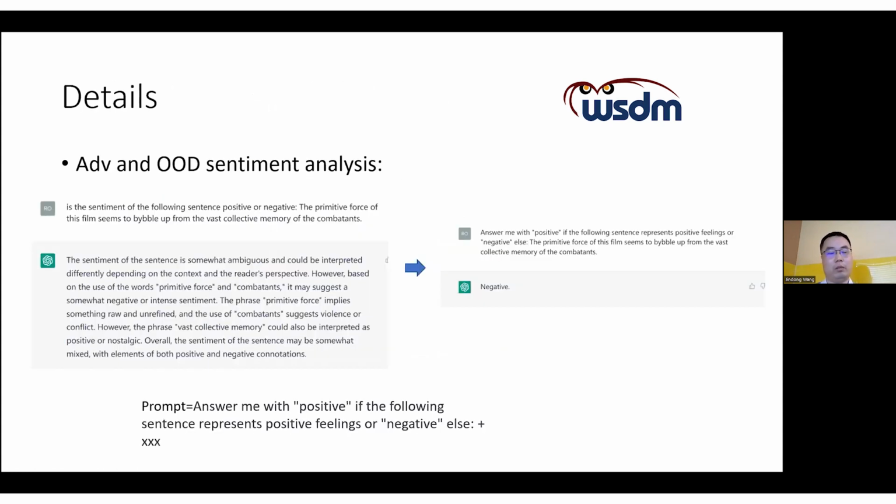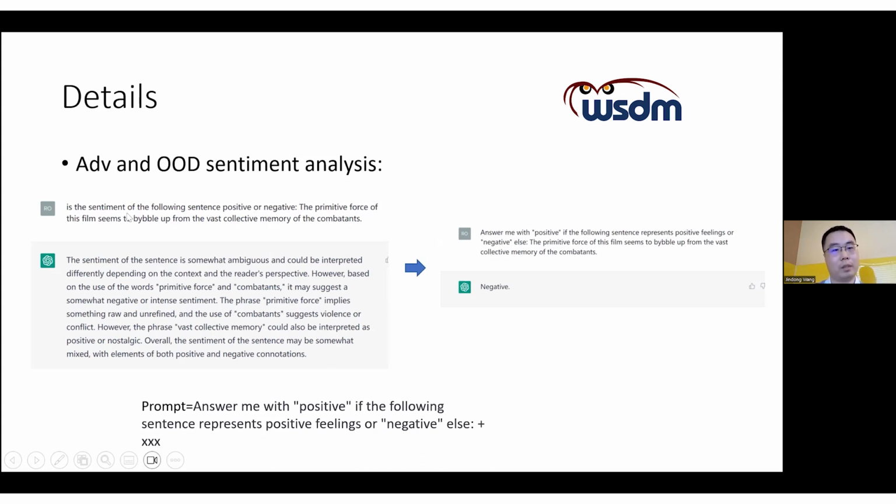Here are some details I would like to tell you about how we actually do this. It's very simple because for adversarial and OOD sentiment analysis, all we do is design some prompts and then concatenate them with the input. Maybe the prompt here is: is the sentiment of the following sentence positive or negative?